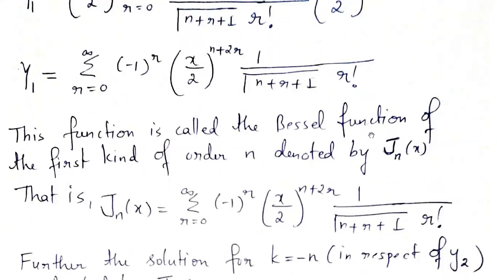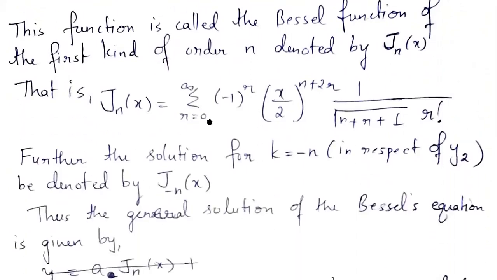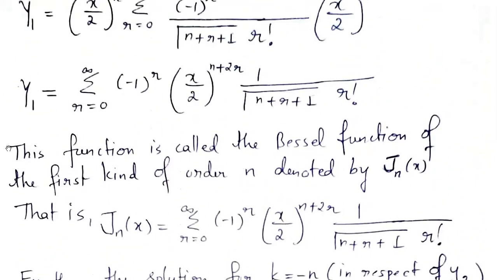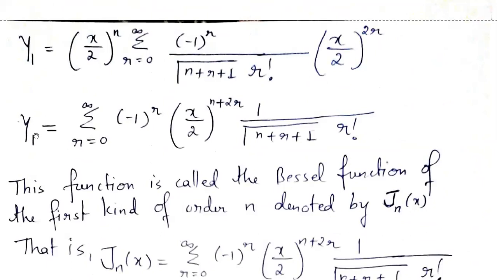So this function is called as a Bessel function of the first kind of order n, and it is denoted by Jn of x. So Jn of x is equal to summation r from 0 to infinity minus 1 power r x by 2 power n plus 2r into 1 by gamma of n plus r plus 1 into r factorial.